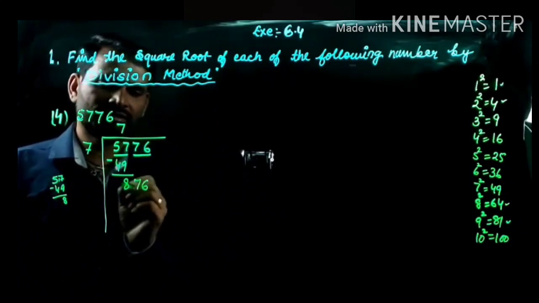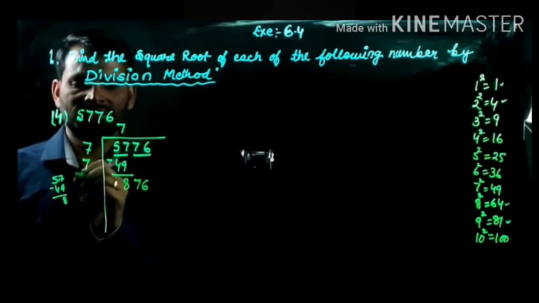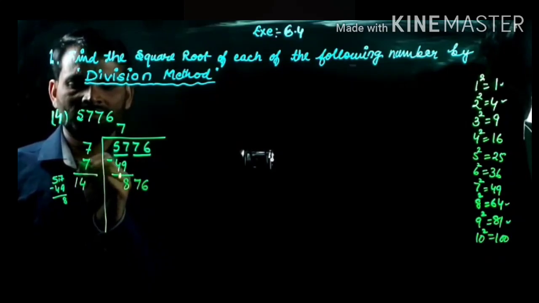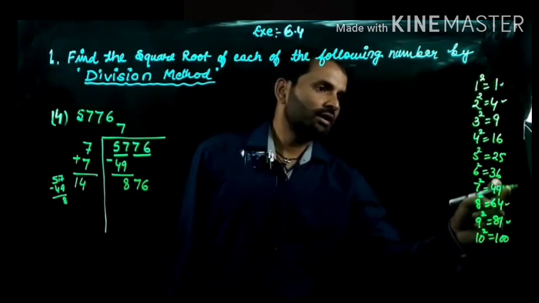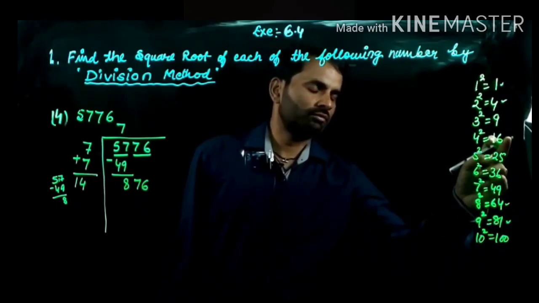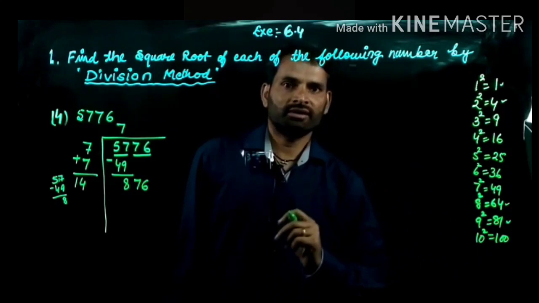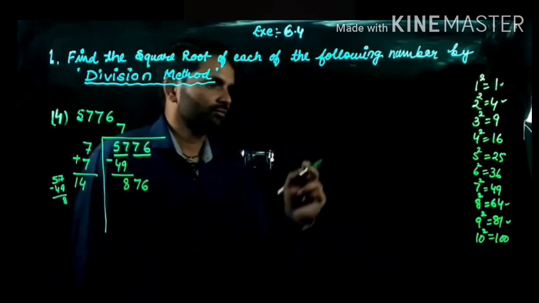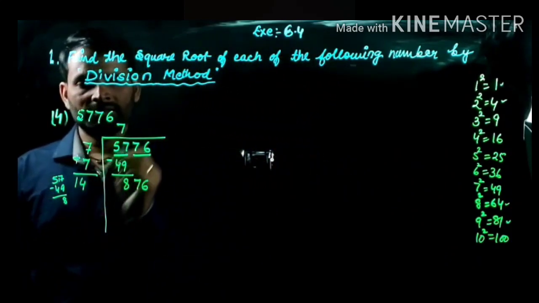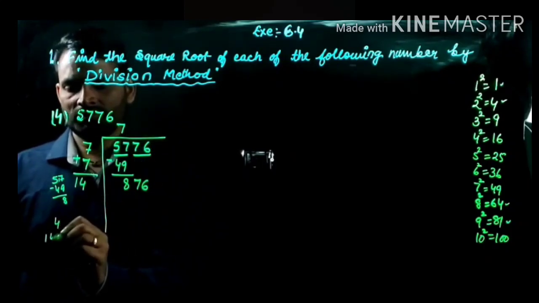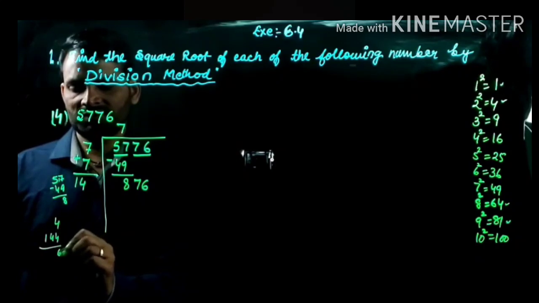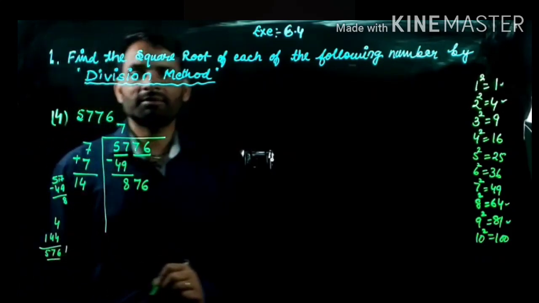The next pair is 76, and this number 7 will be added, 7 7 is 14. Then you search for 6, where it comes. The unit digit 6 comes from 4 or 6. Suppose you choose 4, then 144 into 4 is 576.